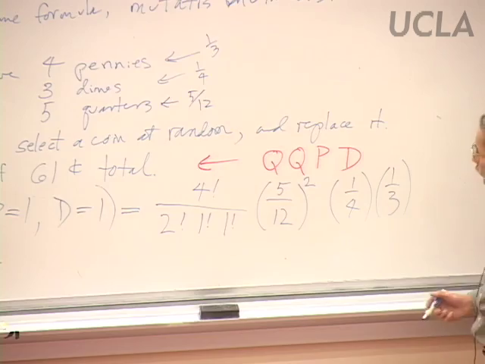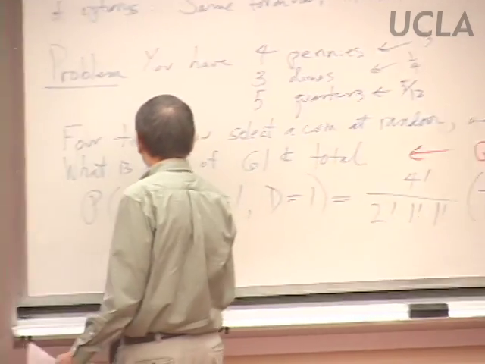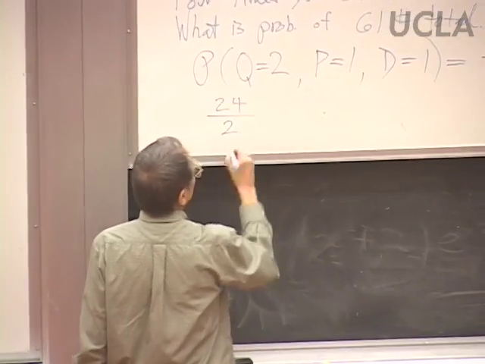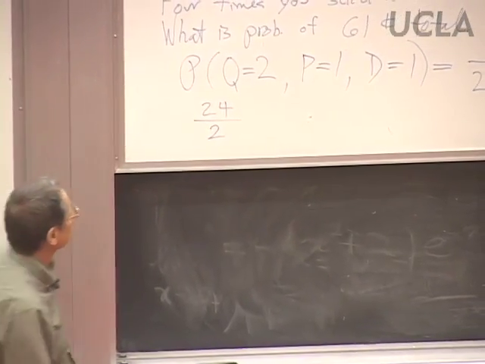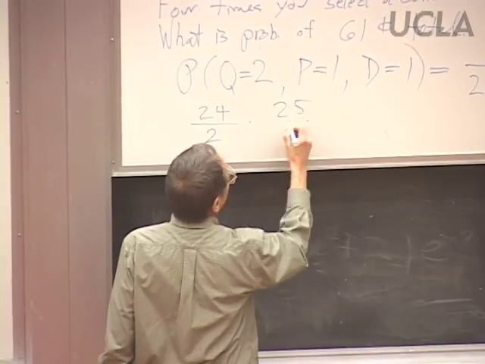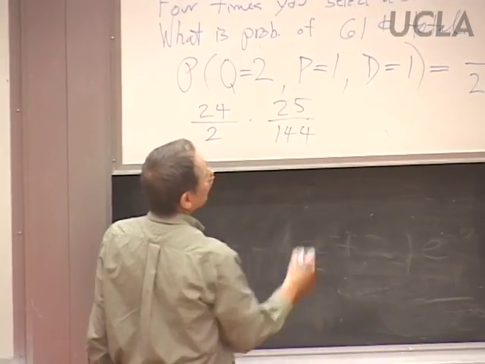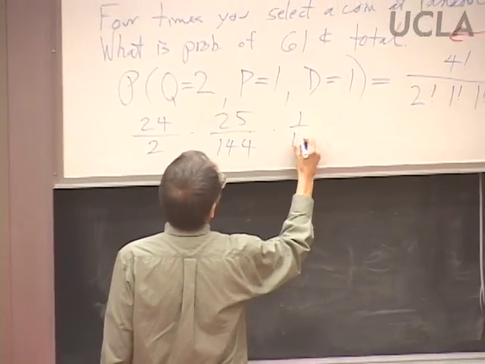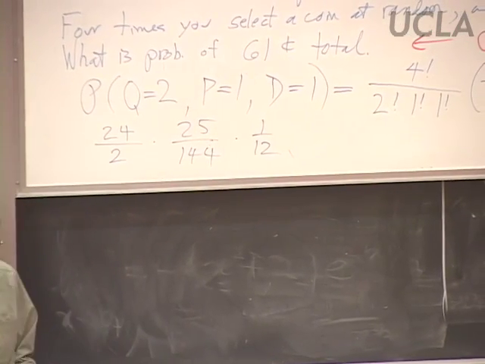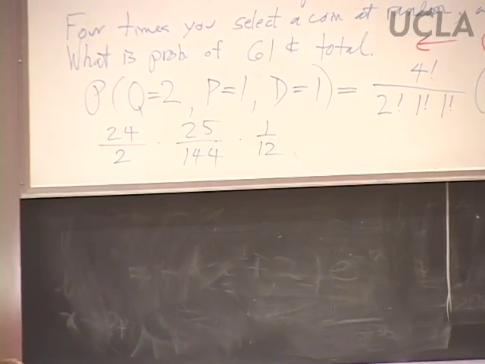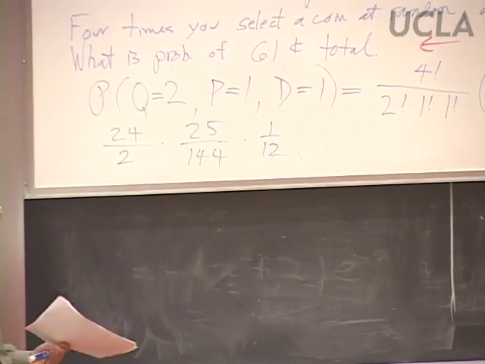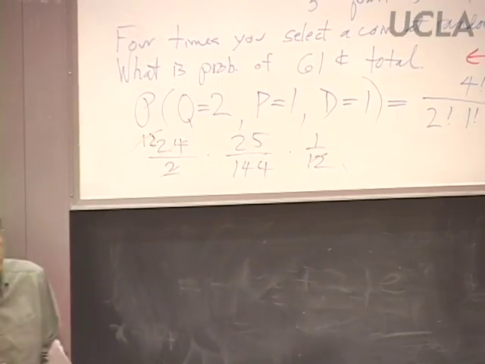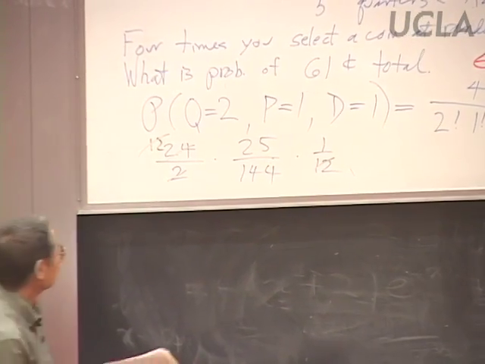Well, that's not too bad to work out. 4 factorial is 24, divided by 2. Okay, (5/12) squared. Well, some things cancel here. (25 over 144).